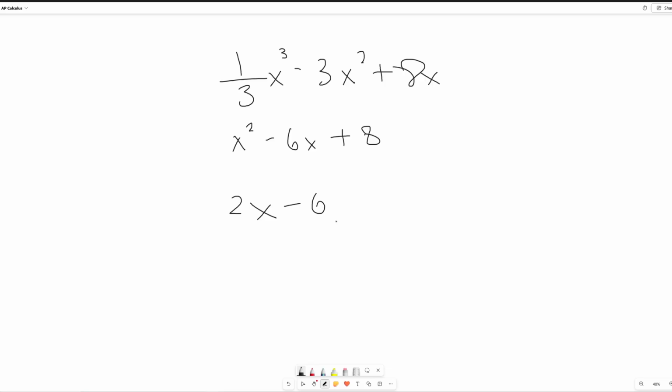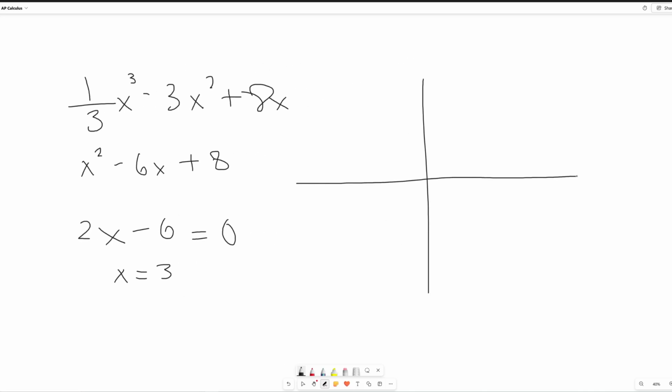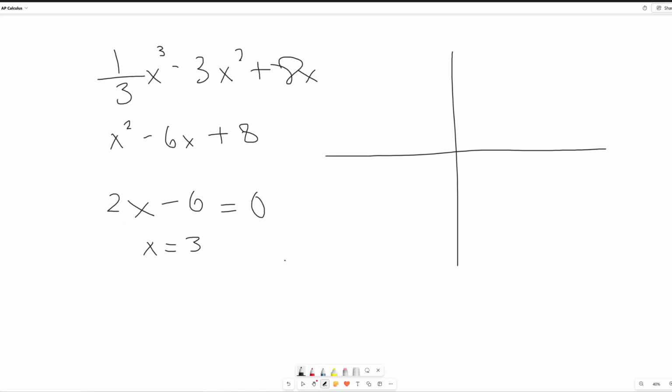So that means we set this equal to 0, and then x equals 3 when this equals 0. So this is our point of inflection. That means if we draw our graph, at x equals 3, it changes concavity. Now, how do we know what it changes from?